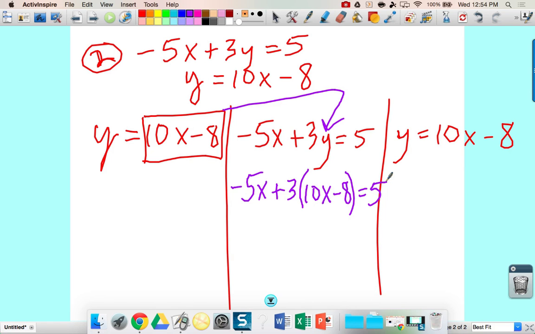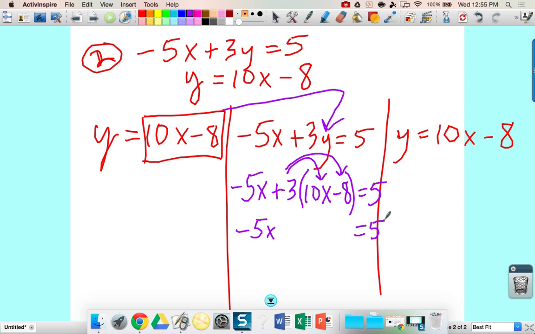You bring down negative 5x, and you distribute the 3 to the 10x and negative 8. Okay. And then bring down the equal to 5.